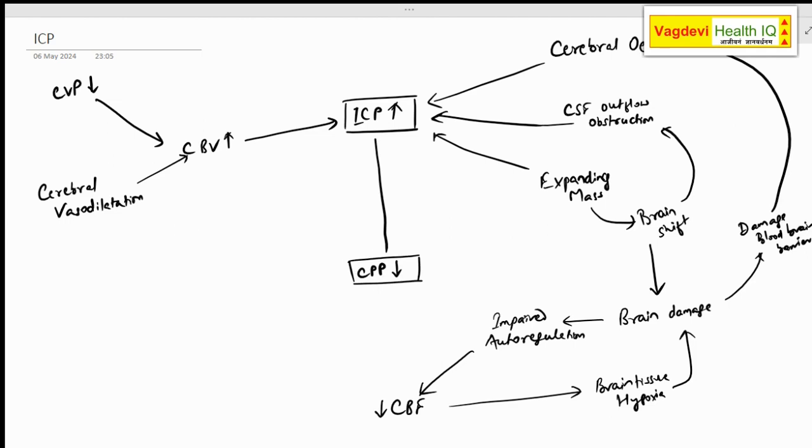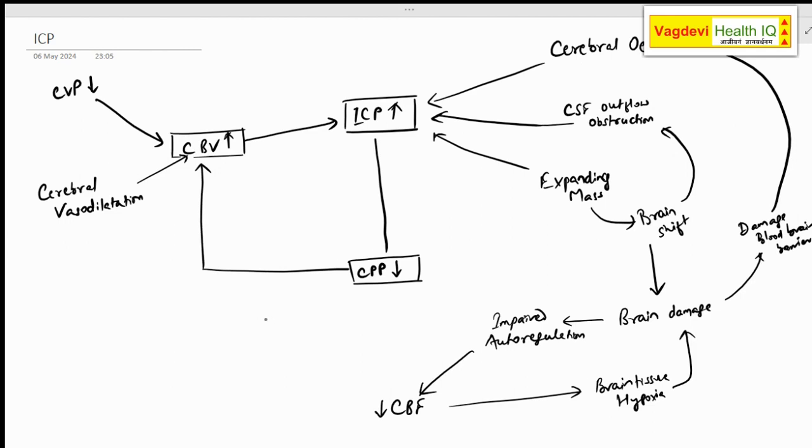So if more intracranial pressure is there, that means cerebral perfusion pressure will be less. Very simple mathematics. So less cerebral perfusion pressure means more cerebral blood volume. See the interrelationships, very simple. Diagram looks difficult, but if you see, the process is very easy. This one diagram may make you understand the concept well.